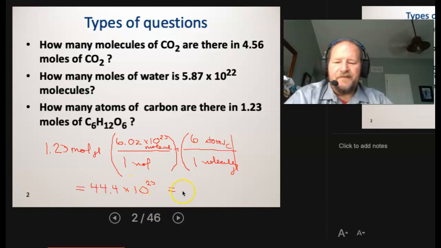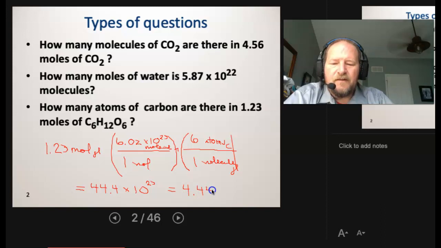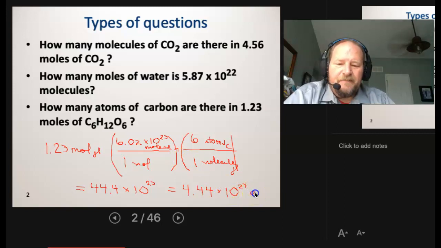So I'm going to put that in scientific notation. I get 3 sig figs again, so I'm going to keep all of those 4s. 4.44 times 10 to the 24 now, because again, we made a big number small. And then of course, that's going to be atoms of carbon.